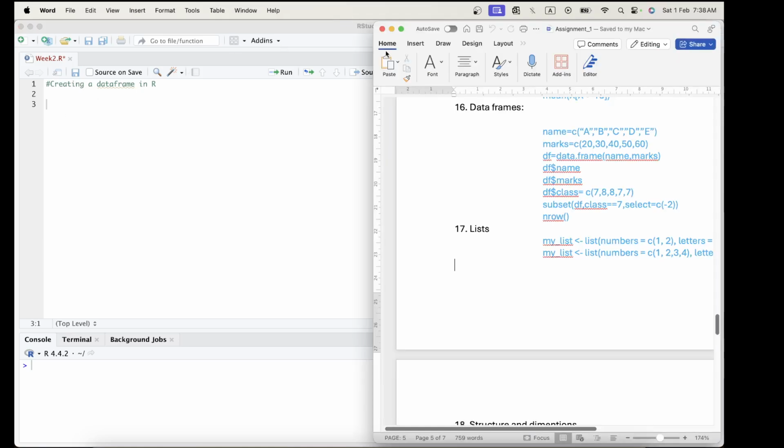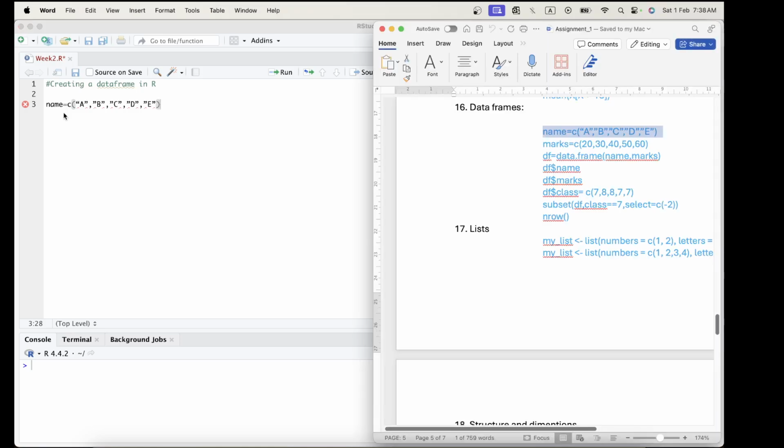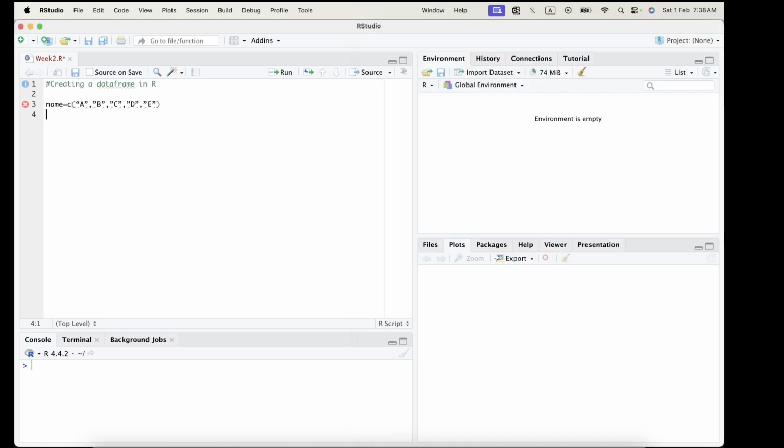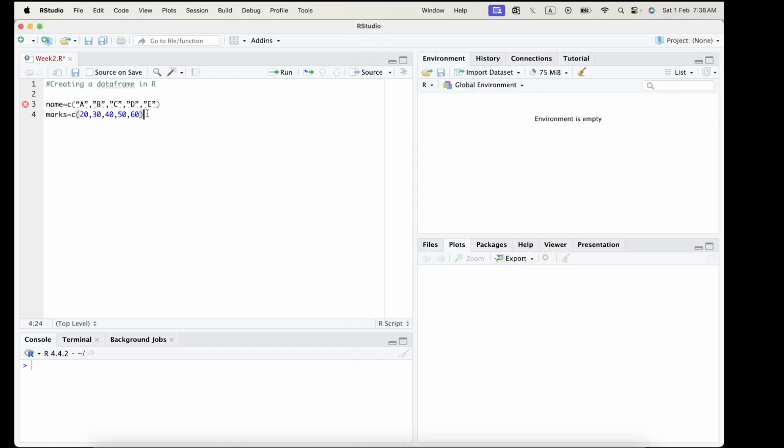Let's say I want to create a data frame which needs to have a column named name, and I am also storing another column which I call marks, where I am storing the marks obtained by each of these candidates.